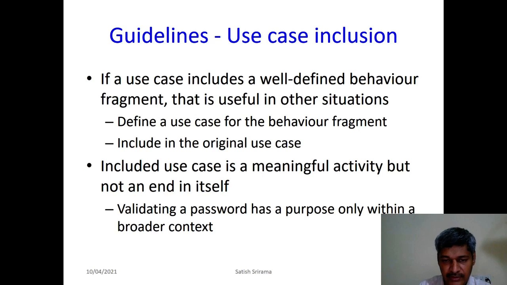For logging into the system, or for making any trade, we had to have the same functionality, the same behavior fragment. So have that as a particular use case and add an include relationship. In every other use case where you want to use it, have that one included.